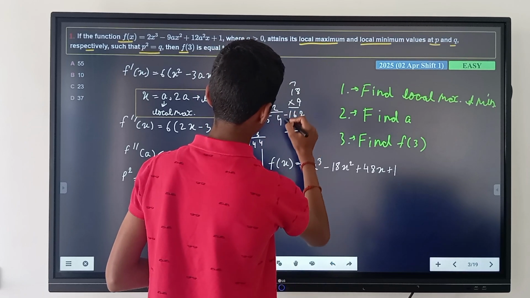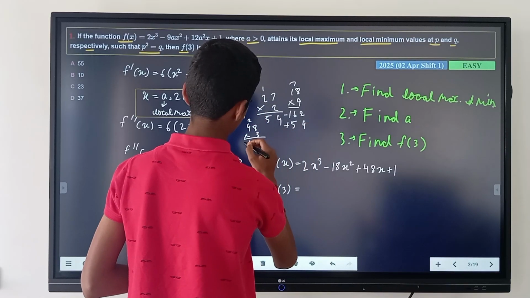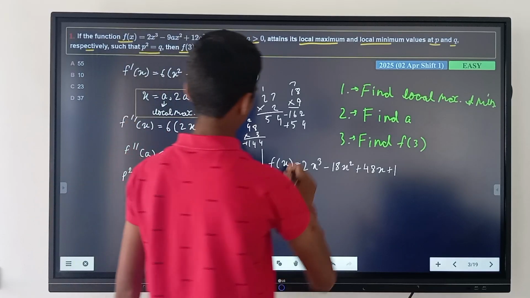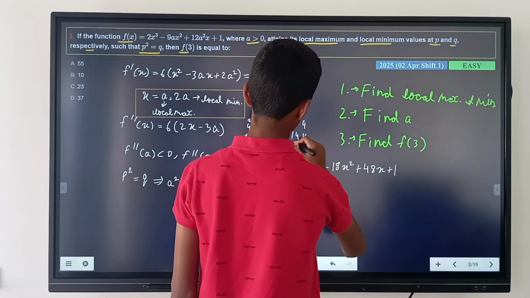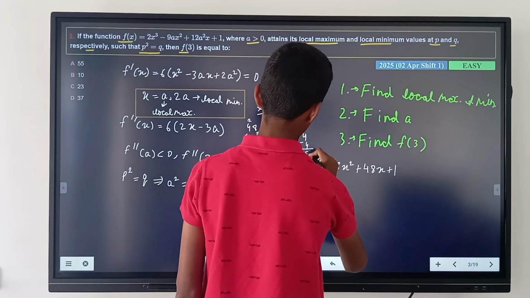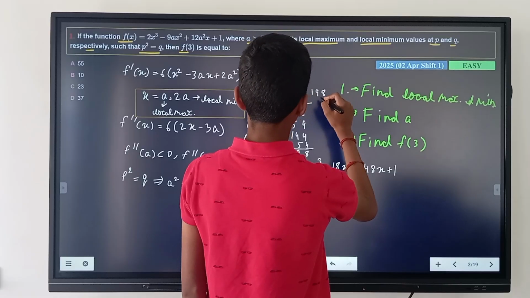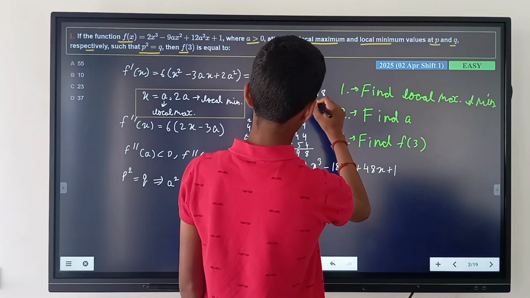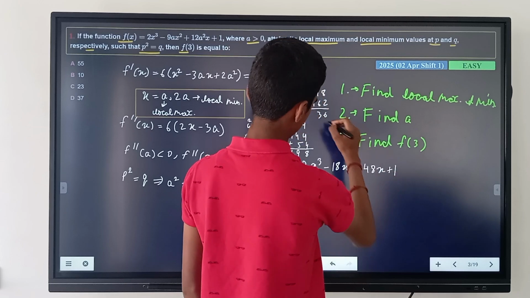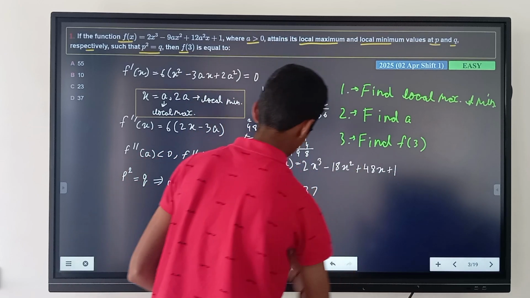We have minus 162 plus 54 and plus 144. Now 144 plus 54 will be 198. 198 minus 162 will be 36, and 36 plus 1 will be 37. So f of 3 is equal to 37.